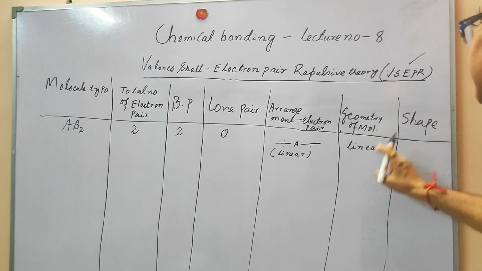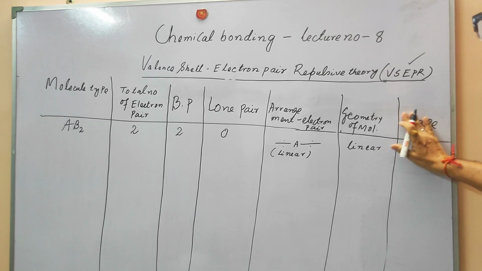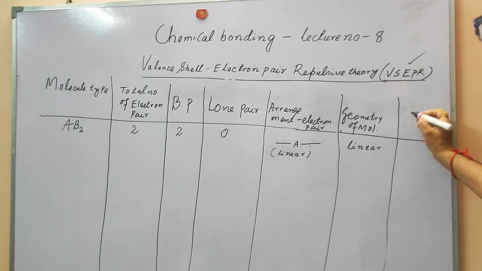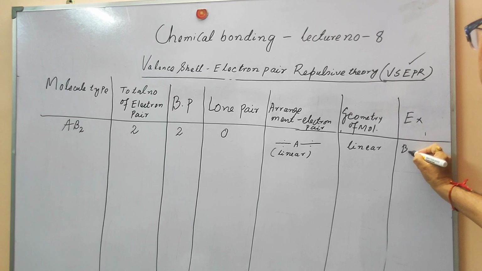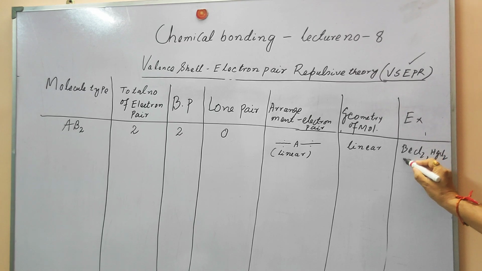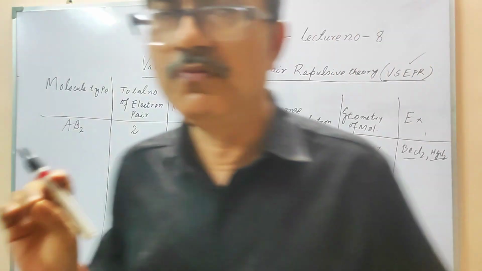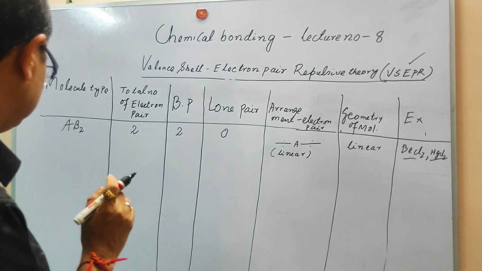That is a regular geometry, and the shape is the same as the molecular geometry. An example of this is BeCl2 or HgCl2. For this molecule, the shape of the molecule is linear.